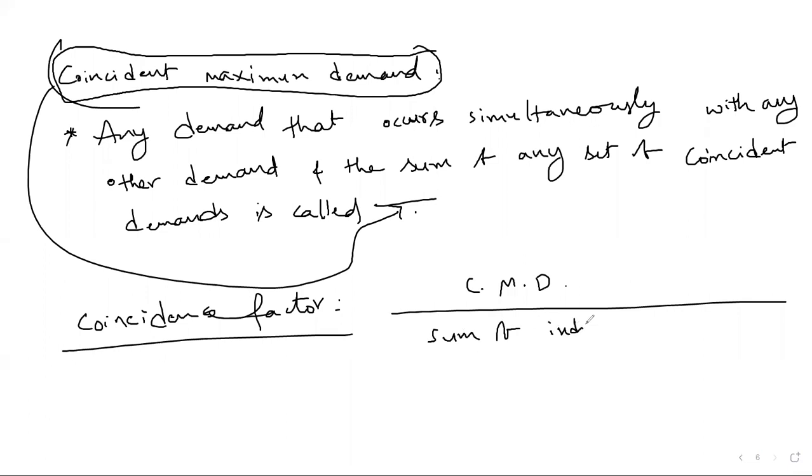It will be very much simpler to understand now. So coincident maximum demand divided by sum of individual maximum demands.